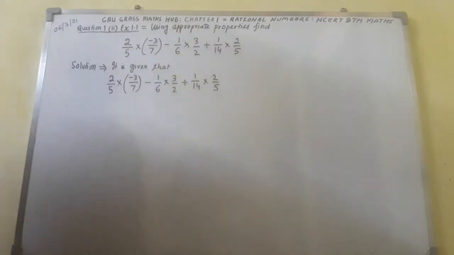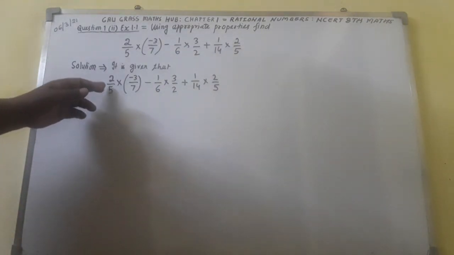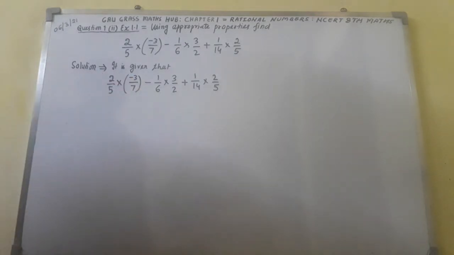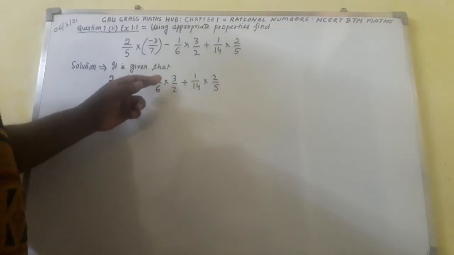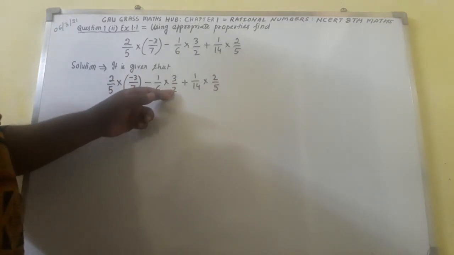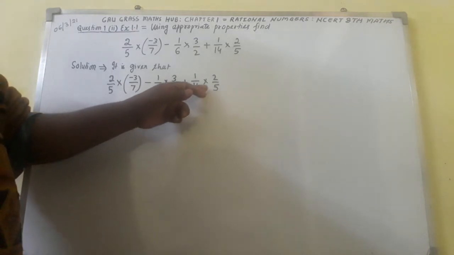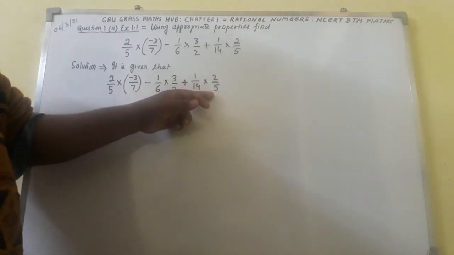Here you can see in this question, 2 over 5 into minus 3 over 7 is the first term, minus 1 over 6 into 3 over 2 is the second term, plus 1 over 14 into 2 over 5 is the third term.